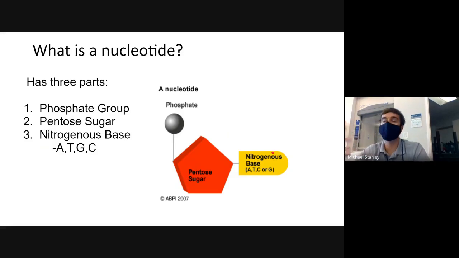I'll talk about them more in a second. But basically, there are 4 different bases that we can have: A, T, G, and C. These guys can all be a little bit different from each other. There's just a slightly different structure that they come in based on what type of base they are. But the sugar, the five-sided sugar, and the phosphate group are always going to be the same.